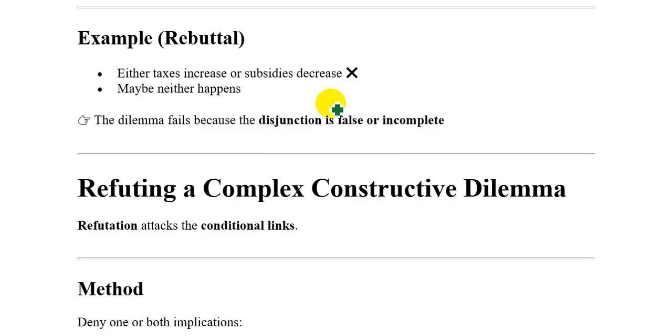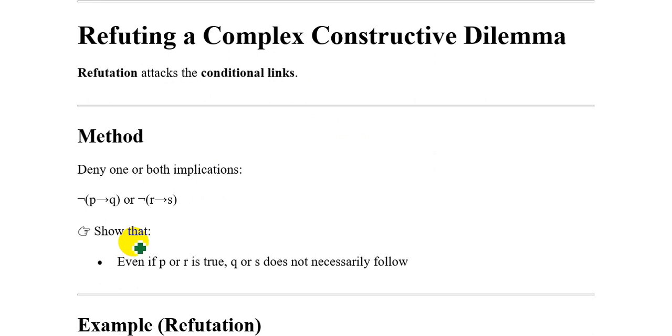I have covered this in great detail in my earlier videos. You can check that out. And the refutation is also by either attacking the major premise, or by attacking the minor premise, which is the disjunction.